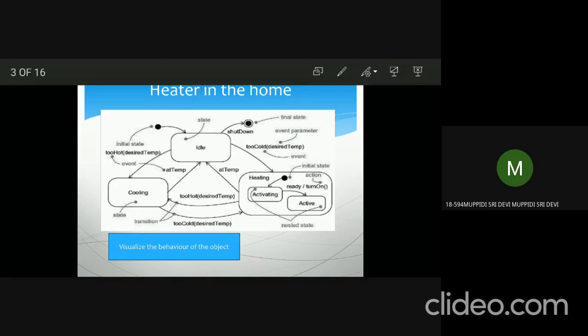These are all the features present in a state machine. Throughout this example, we are discussing the lifetime of a single object.